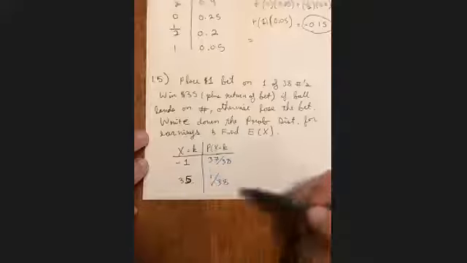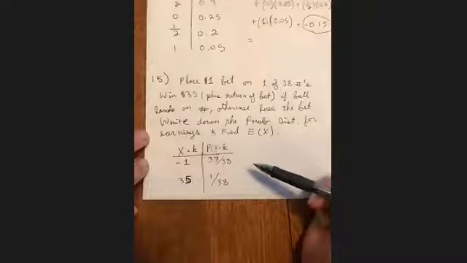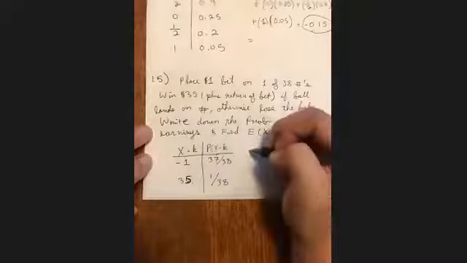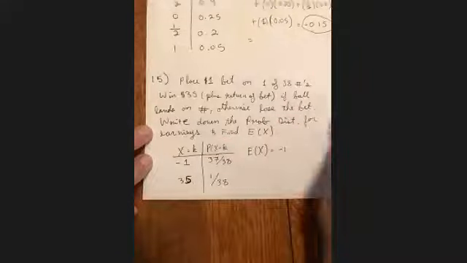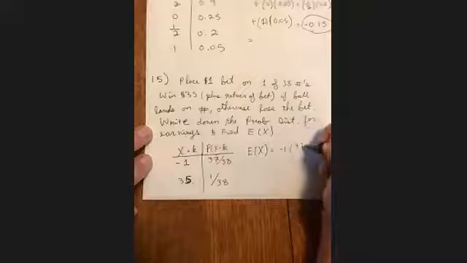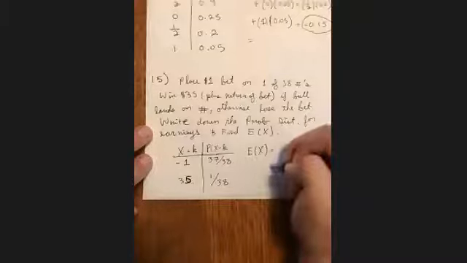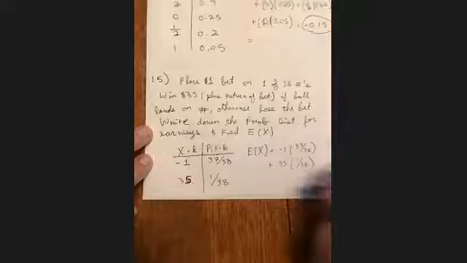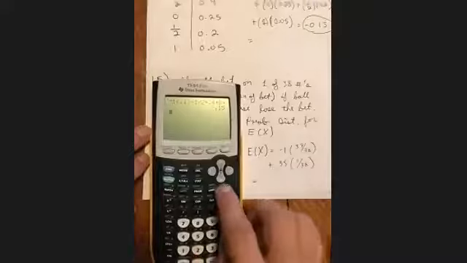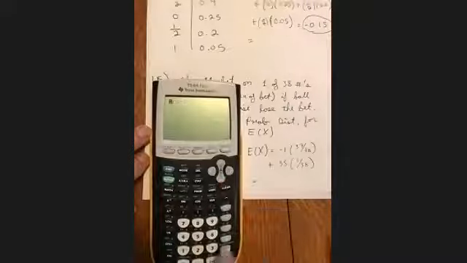Okay, so once we write down the distribution, we can then calculate the expected value. The expected value of X will simply be the value times the probability, and add all those up. So -1 times 37 out of 38 plus 35 times 1 out of 38.